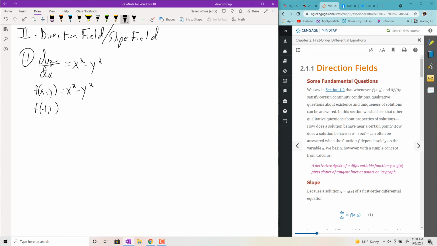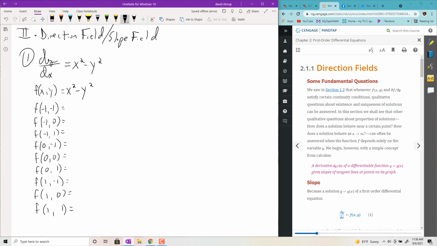So, start at -1, -1, and then just go on from there. We're just plugging those numbers into the f of x, y there.